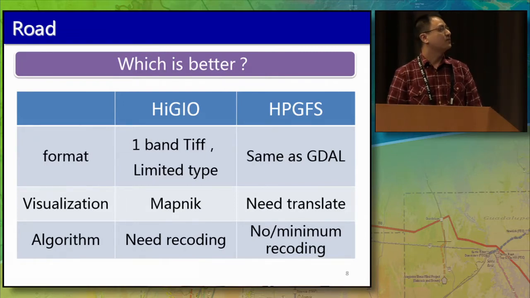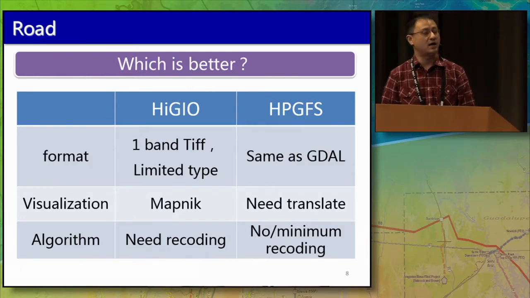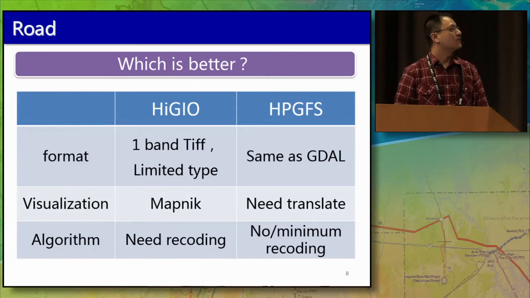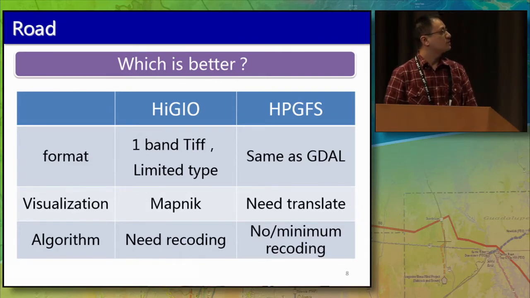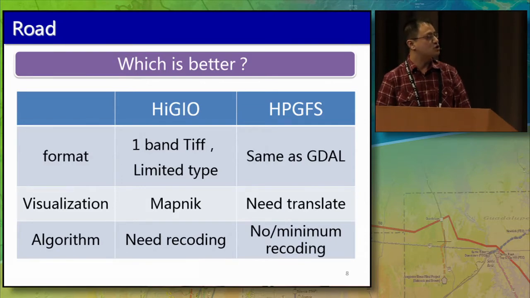We can see the comparison between the previous version of HiGeo and HPGFS. HiGeo is compatible with our visualization engine, but it supports only simple data formats and data types.